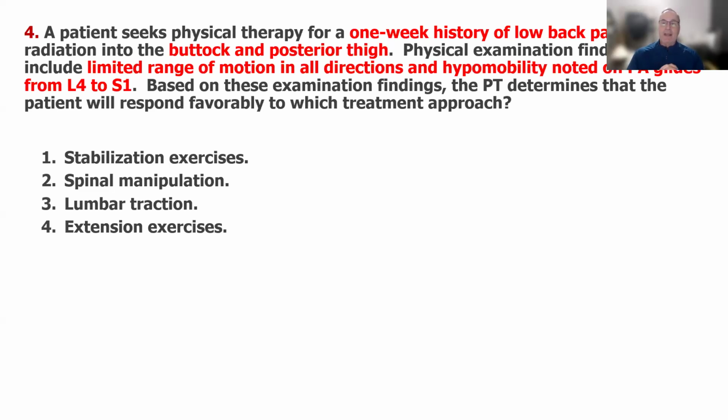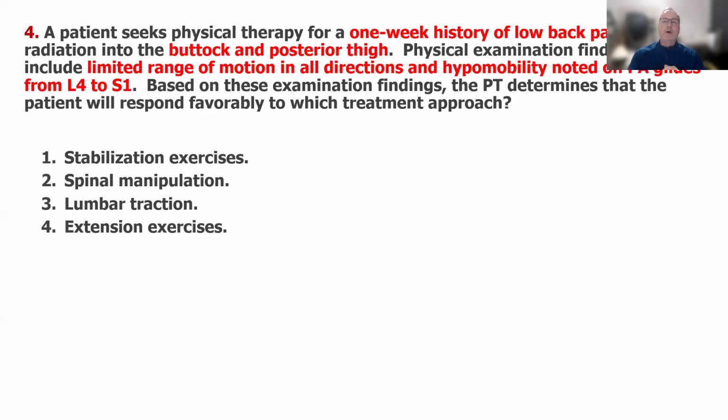So physical examination findings include limited range of motion in all directions and hypomobility, so stiffness or limited motion noted on posterior to anterior PA glide. Like when we're doing those PIVMs, right?